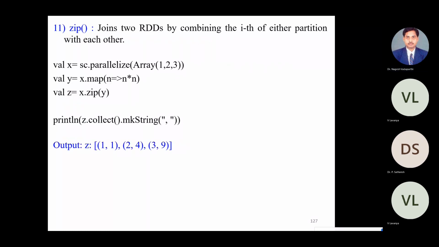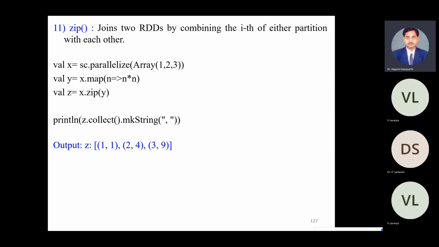Next, zip. Zip is a transformation. It joins two RDDs by combining the ith element of either partition with each other. So zip is a transformation function. It joins two RDDs.